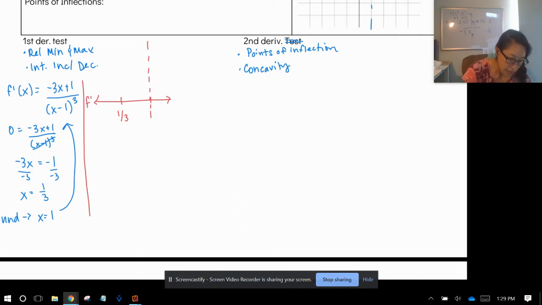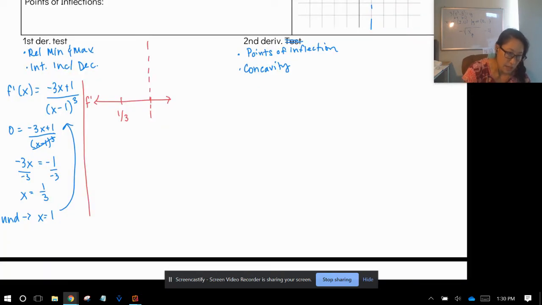And then we test our values to see if f prime is greater than 0 or less than 0. Okay. So I'm going to go ahead and use f prime of 0 is equal to negative 3 times 0 plus 1 over 0 minus 1 cubed. I can tell that that's going to cancel.